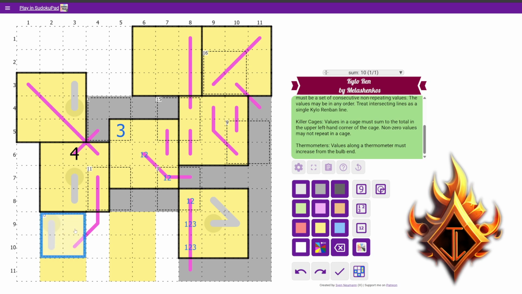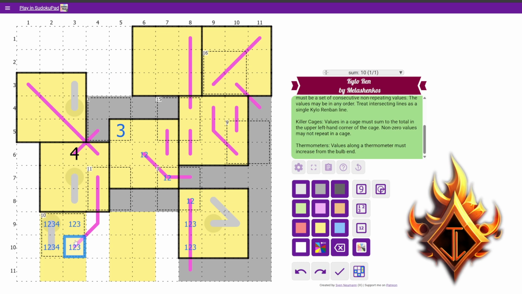This is 10. All low digits. This side can be 1, 2, 3, 4. This side can be 1, 2, 3. Since that box is all yellow though, they must be all small at minimum.